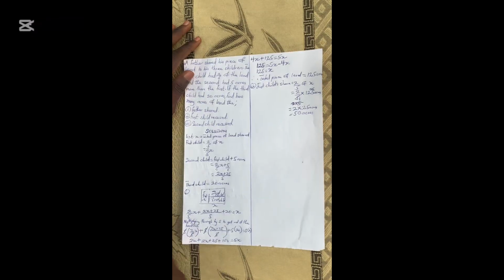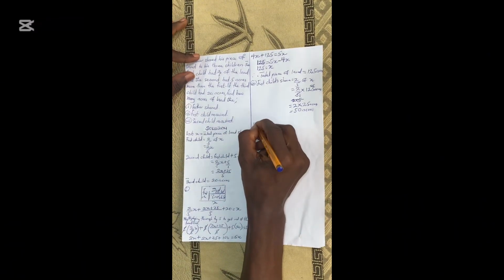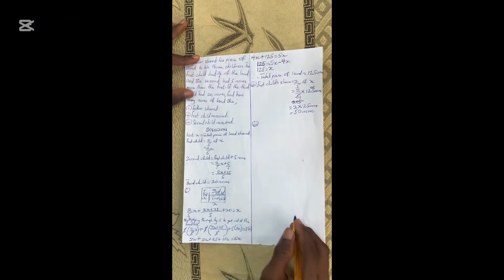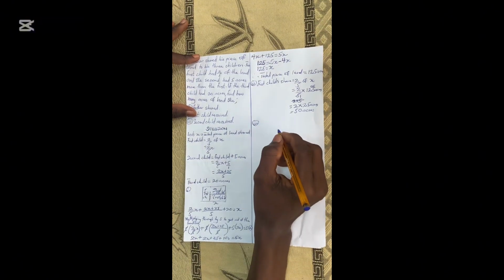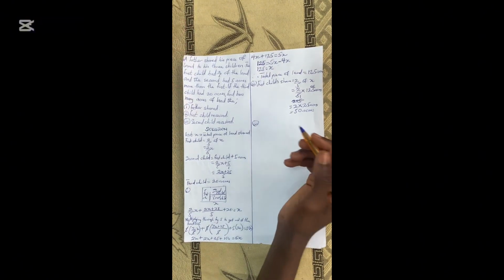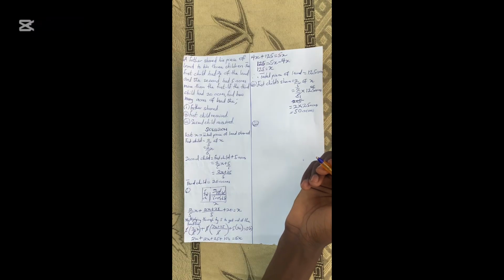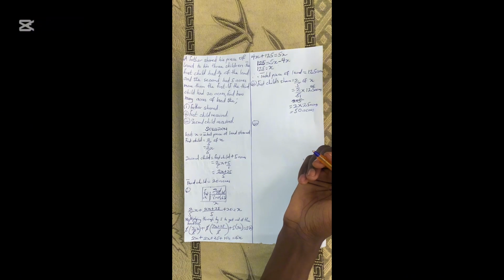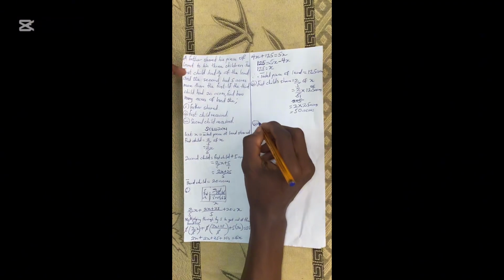Nice one. Let's move to the III part of the question. It says the second child, what did the second child receive? What did the question tell us? We were told from the question that the second child received 5 more than the first.